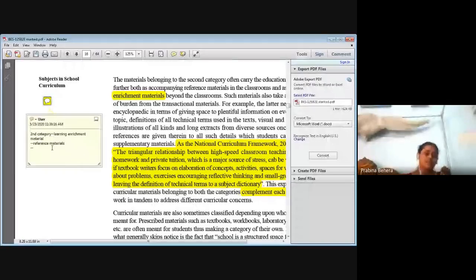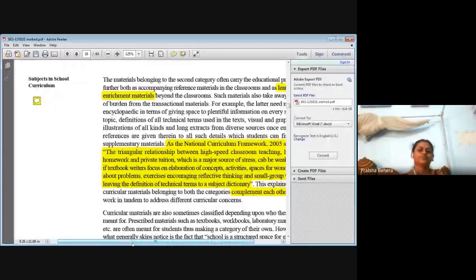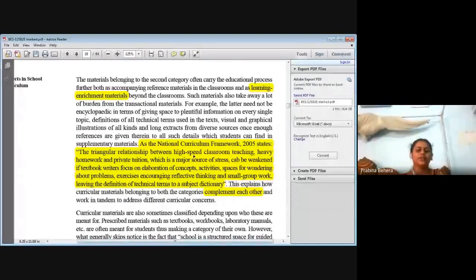At the left side there is a chat box. The second category material, these are learning enrichment material. They are also called reference material. So we can use these enrichment or reference materials beyond the classroom.